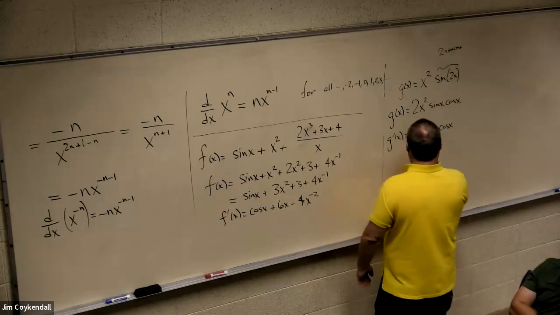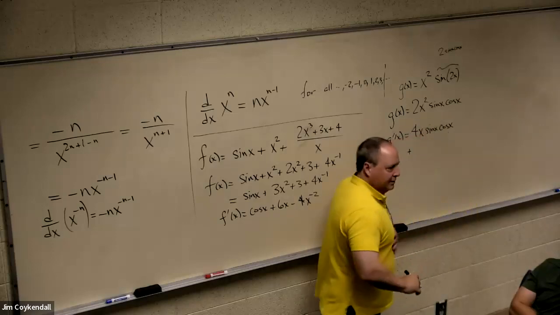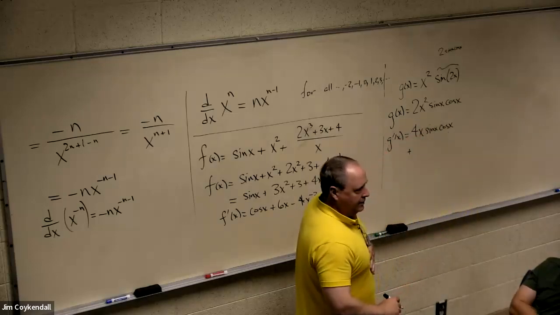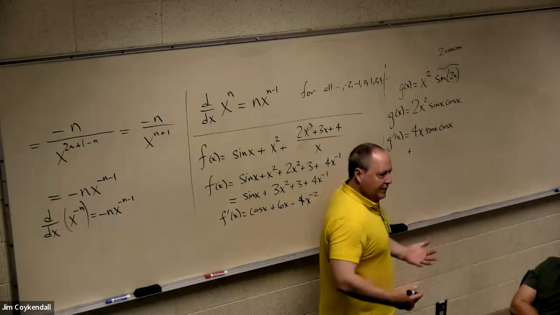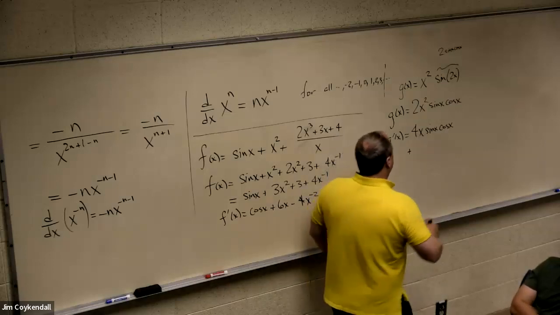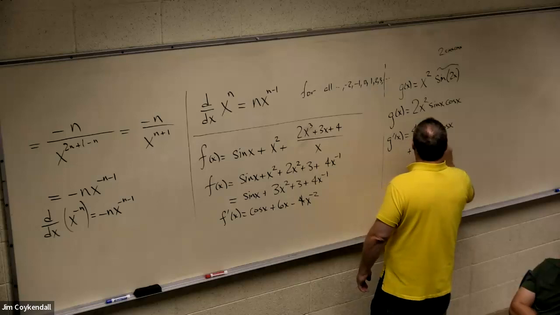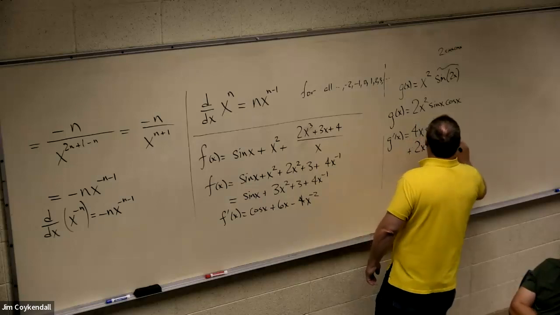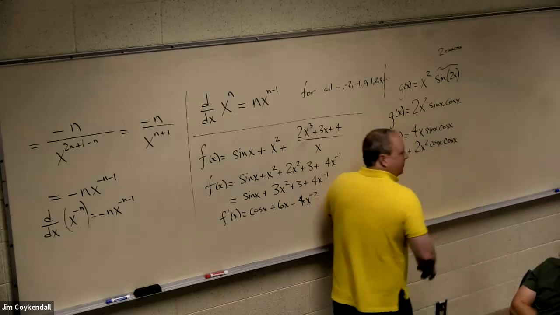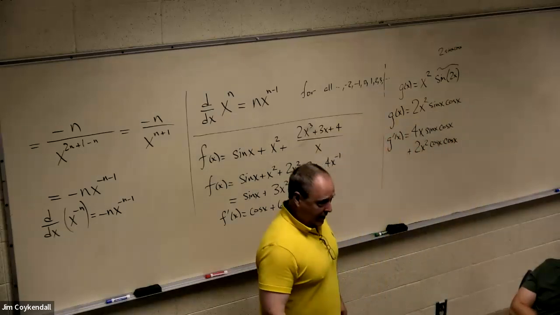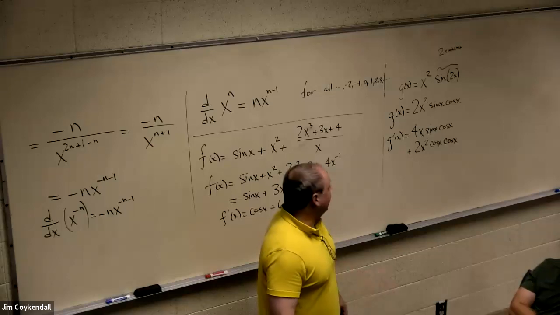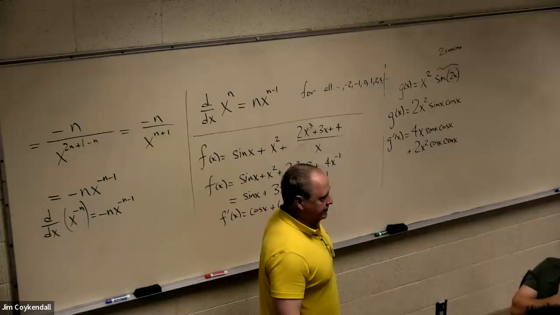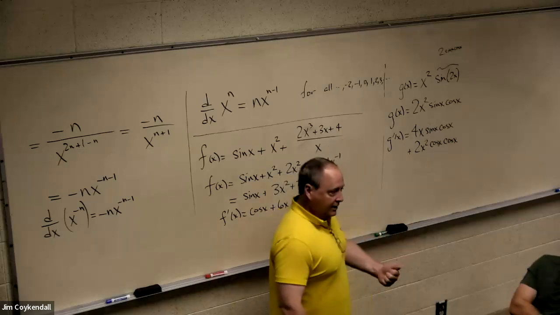Now whose turn is it? Sine x. And what's the derivative of sine? So it should be 2x squared cosine x. Cosine x. Do I agree with that? And now whose turn is it to have a derivative? And what's the derivative of cosine?